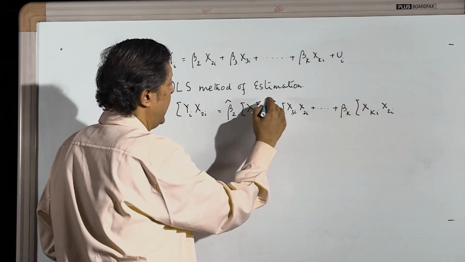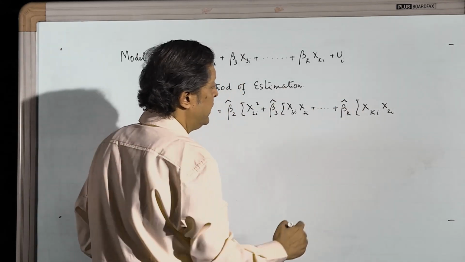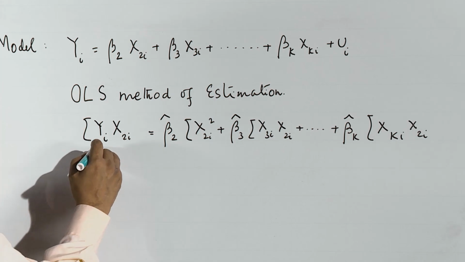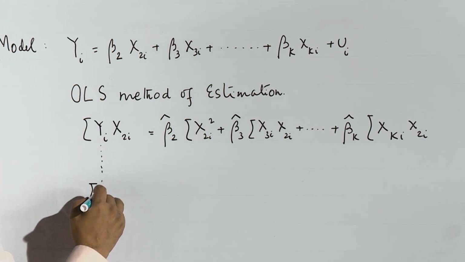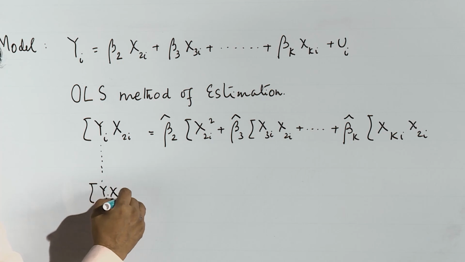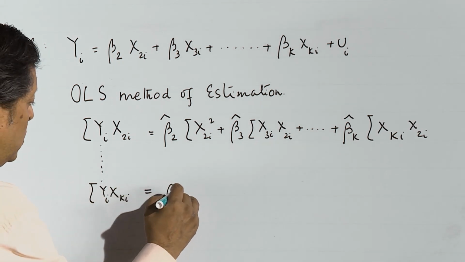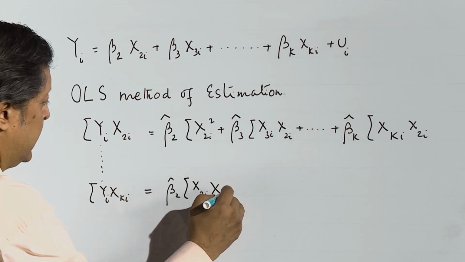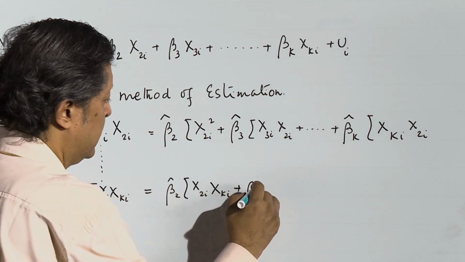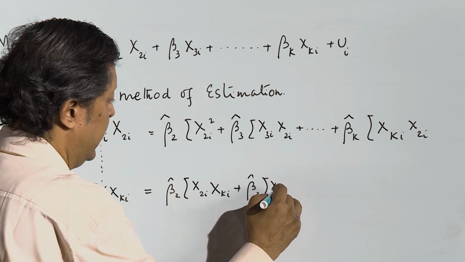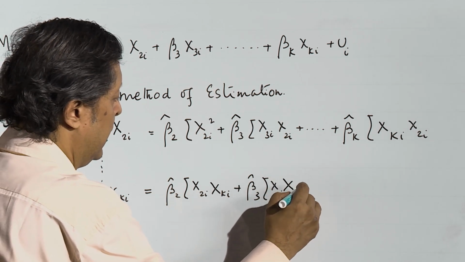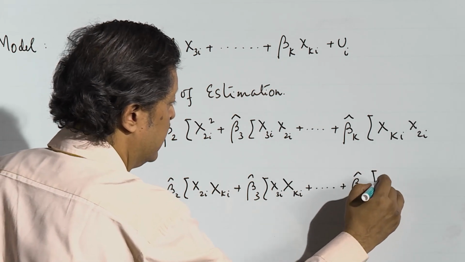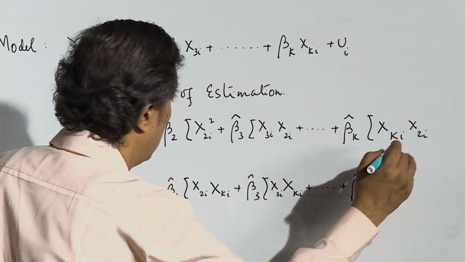Similarly, the same thing happens for the variable x3, and this goes through up to summation y_i x_ki, that will again be equal to beta 2 hat summation x_2i x_ki plus beta 3 hat summation x_3i x_ki, and right up to beta k hat summation x_ki squared.